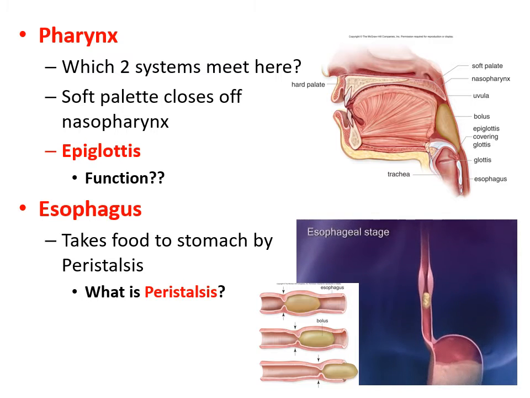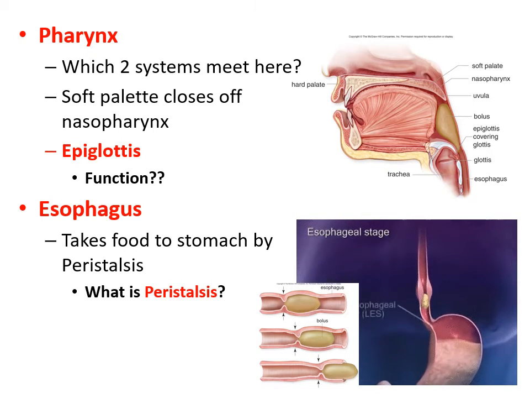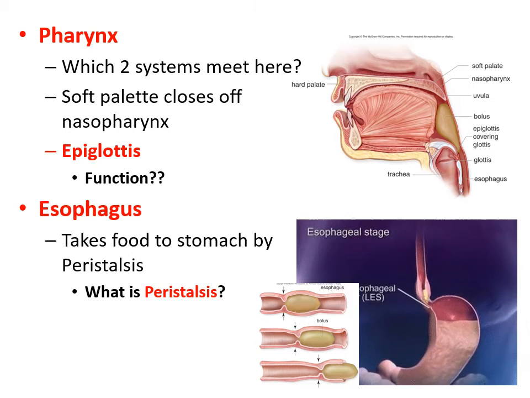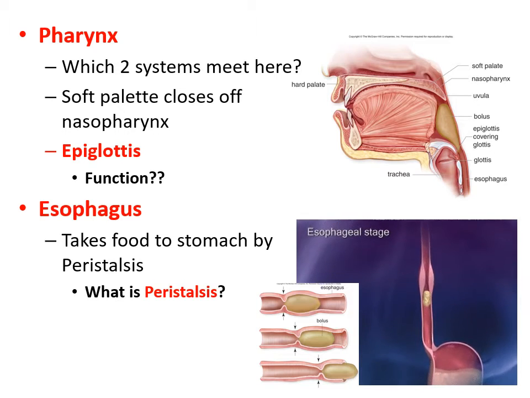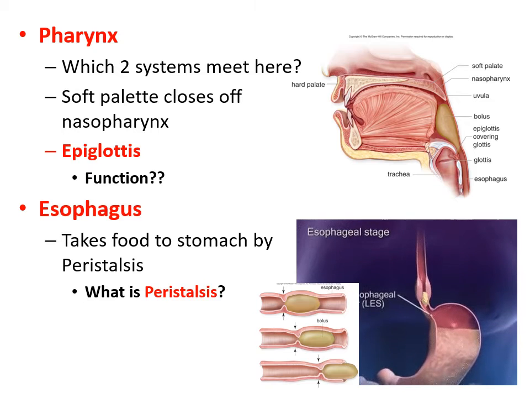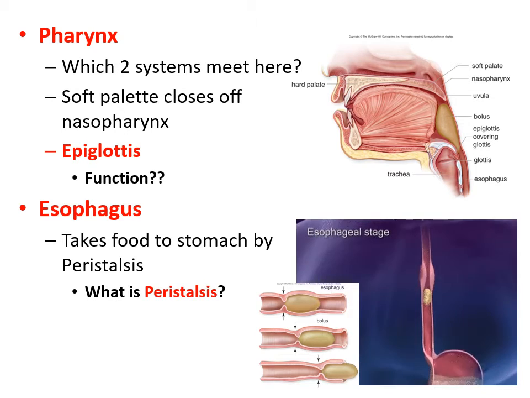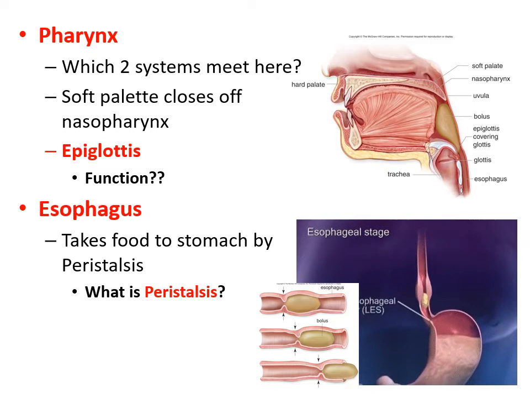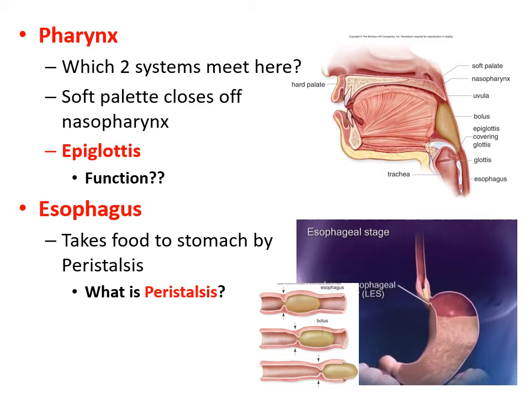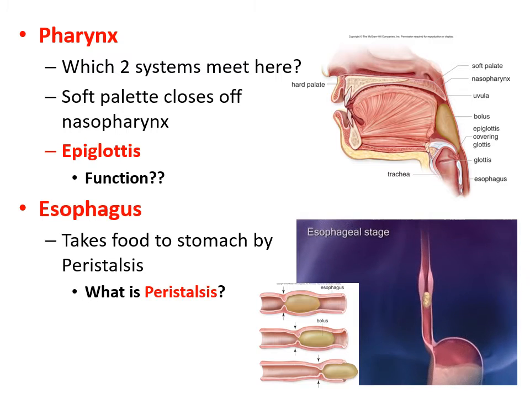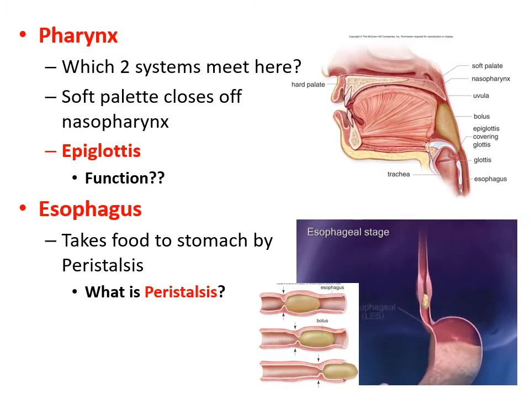And basically what the pharynx is it has this soft palate that closes off the nasopharynx. And then it has an epiglottis. And your epiglottis is critical for you because that's a little flap, basically a little flap at the back of your throat that blocks your trachea to prevent food from entering the airways, okay?